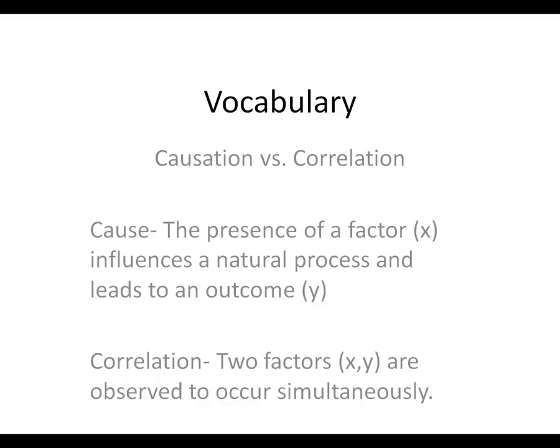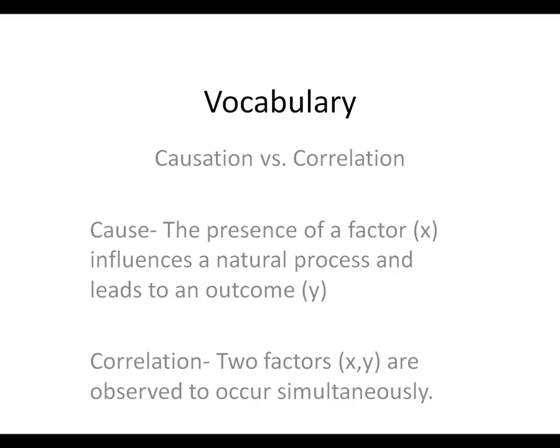So causation, what we want in science is to prove that there is a cause and effect relationship between two variables. There are natural processes that go on in our bodies, say, and what we want to show is that when we encounter some factor X, it influences that natural process and has some outcome.